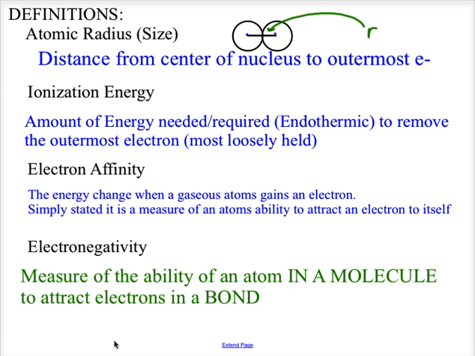One note that is worth mentioning is that if you look at the trends, and we'll go through that in a minute, the only one that sticks out as very different in large part is atomic radius versus ionization energy.